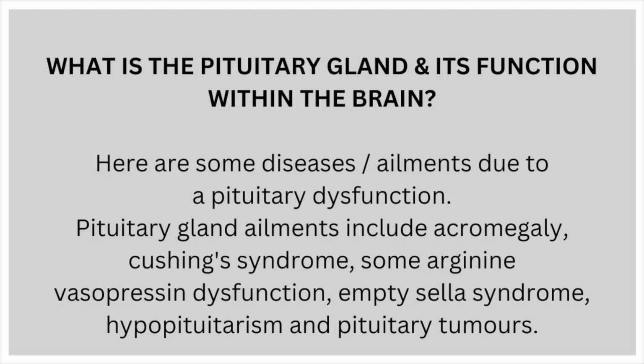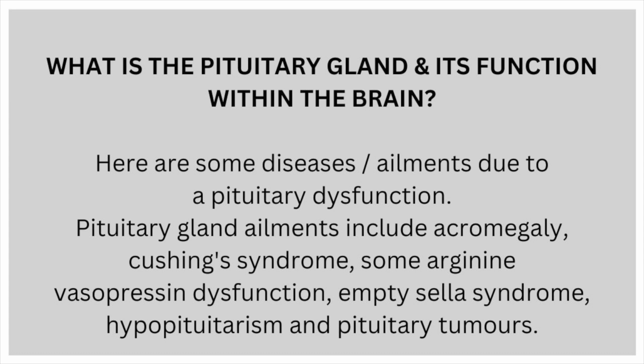Here are some ailments which are caused due to a pituitary dysfunction. Pituitary gland ailments include acromegaly, Cushing's syndrome, some arginine vasopressin dysfunction, empty sella syndrome, hypopituitarism, tongue twister that one, hypopituitarism, and pituitary tumors. I'll say that one again.